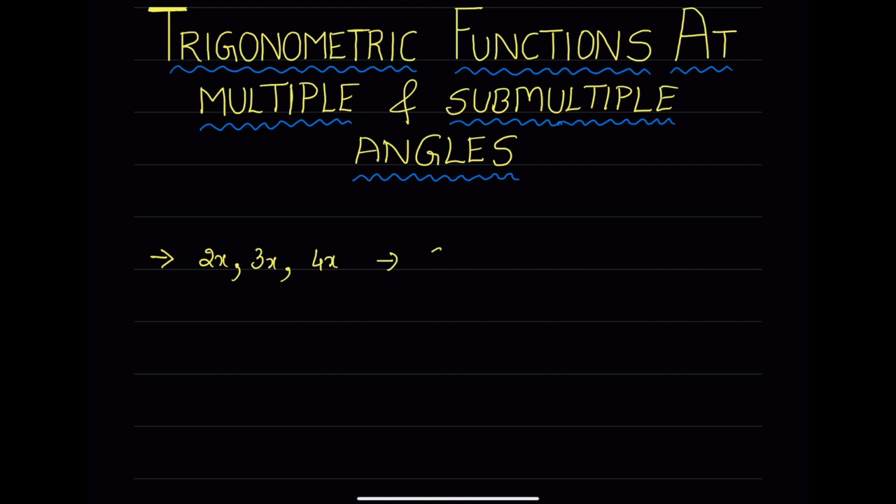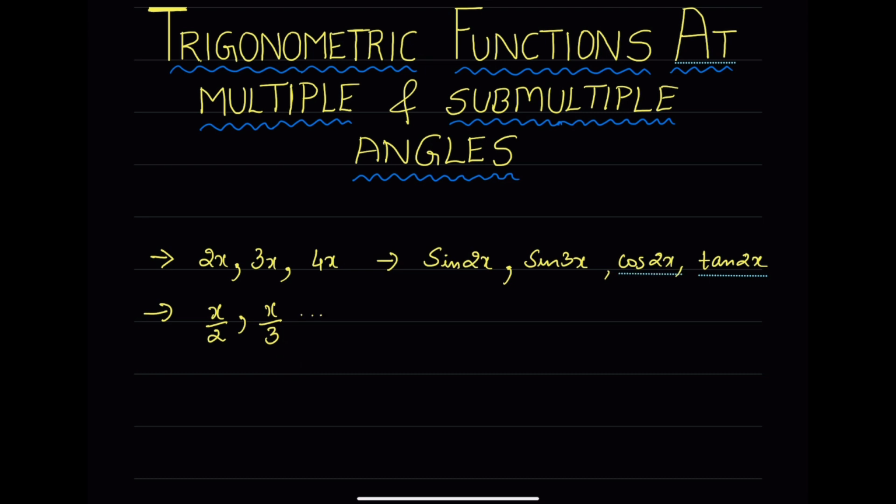What I mean by that is we are going to identify formulas of sine 2x, sine 3x, or cos 2x, or tan 2x, etc. Similarly, we are going to find formulas of x by 2, x by 3, etc. That is nothing but sine of x by 2 or sine x by 3, etc.